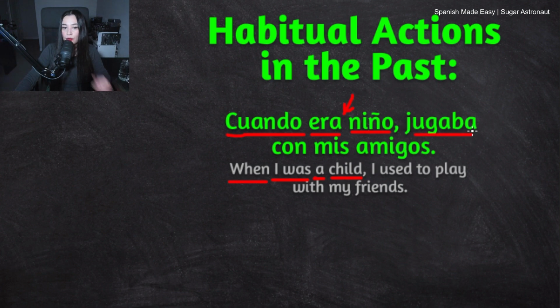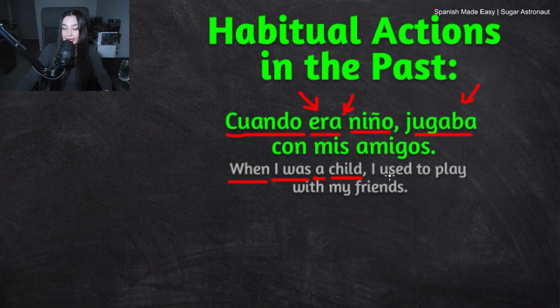Jugaba, yo jugaba. We don't need to say yo. You can just say the conjugated verb, jugaba, and we have the preterite right here. And here, well, era, we talked about era already, but jugaba, let's focus on this one.